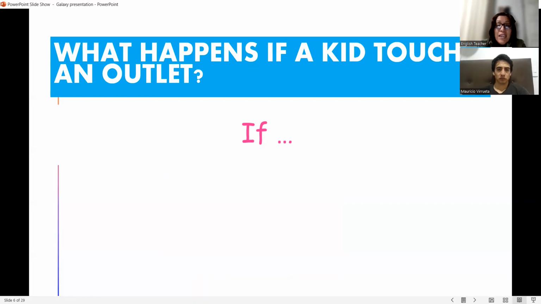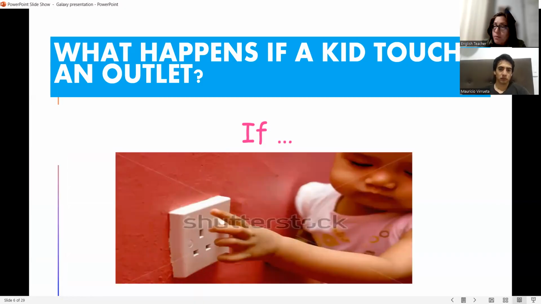What happens if a kid touches an outlet? Maybe the kid could be electrocuted. Okay, so if a kid touches an outlet, well, maybe not being electrocuted, but maybe he feels energy or electricity.